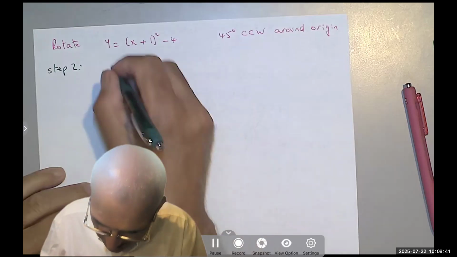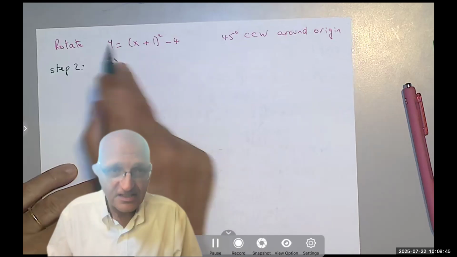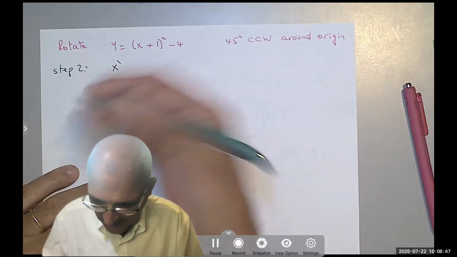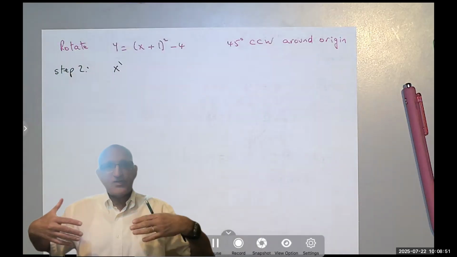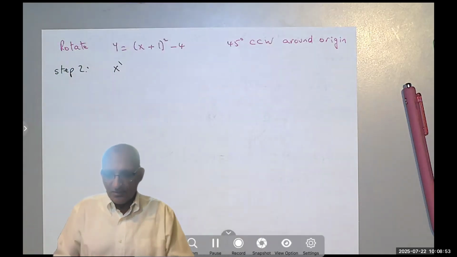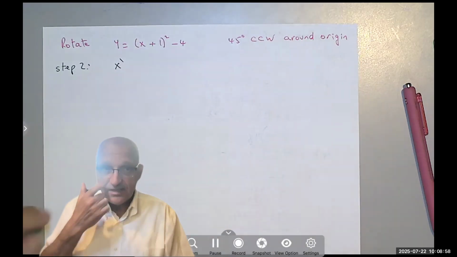So I'm going to say these are x prime and y prime. Instead of working with x and y and ending up with an equation in x prime and y prime, I'm going to assume these are the x prime and y prime, and I'm going to get x and y.